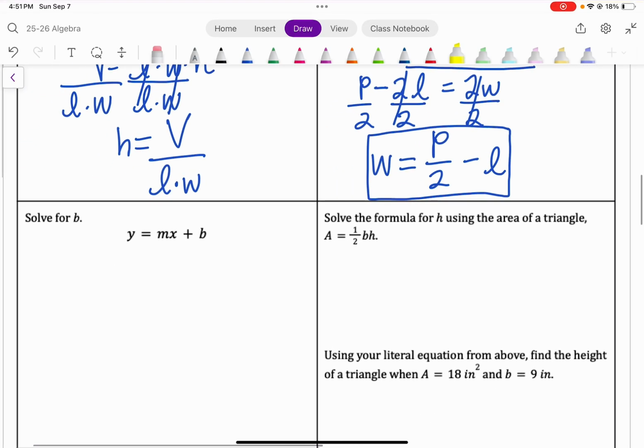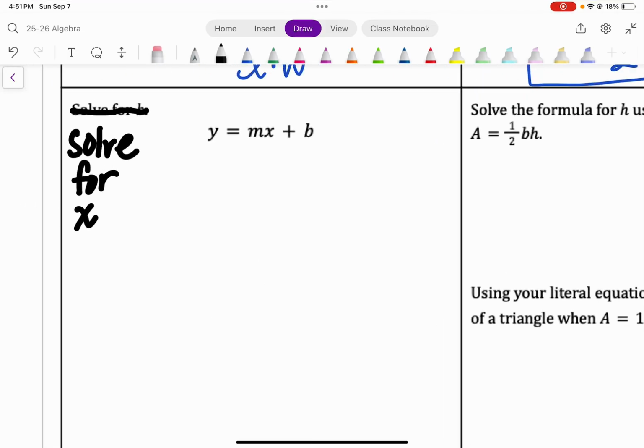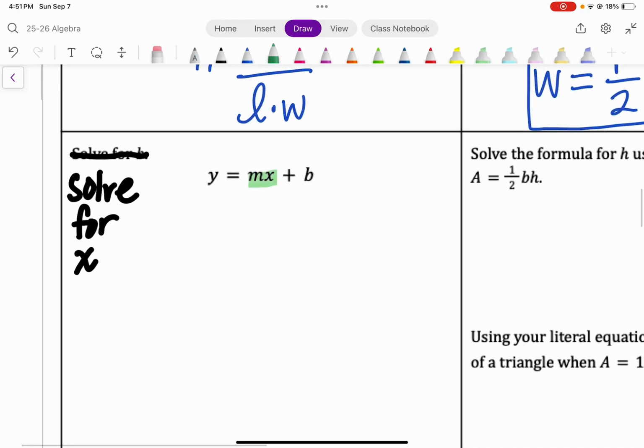Okay, next one asks us to solve. I believe this one should say solve for x. So fix that. And then we're going to notice that x is living inside that term. So we're going to start by subtracting b on each side. So y minus b equals mx.